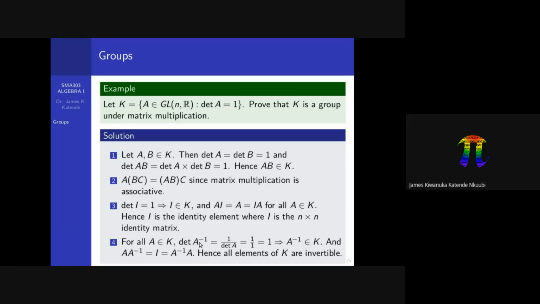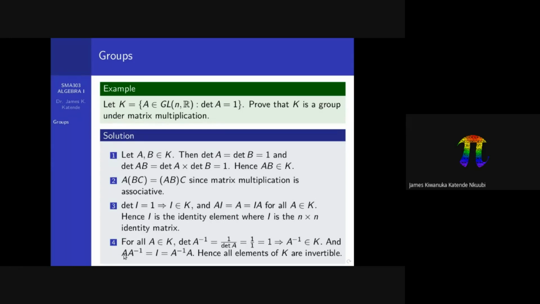And we know that the determinant of the inverse of A is obtained by this formula, 1 over determinant of A. You also should know this from your linear algebra. But we know the determinant of A is 1, so this is just the same as 1 over 1, and it's equal to 1. So we have confirmed that the determinant of the inverse is equal to 1, and therefore the inverse of A will also be in the set K.